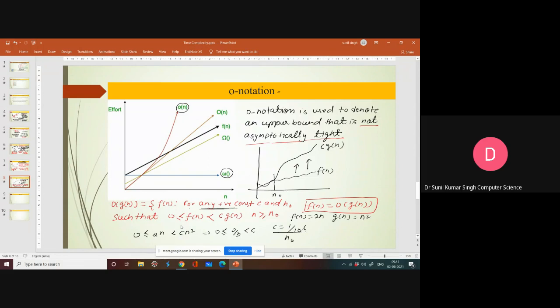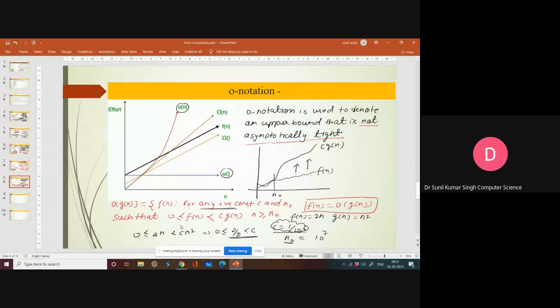If you select n naught equal to 10 raised to the power 7, then it will hold the condition. So for any positive constant c we will have some n naught for which it will hold the condition.